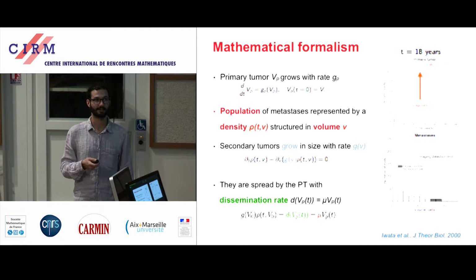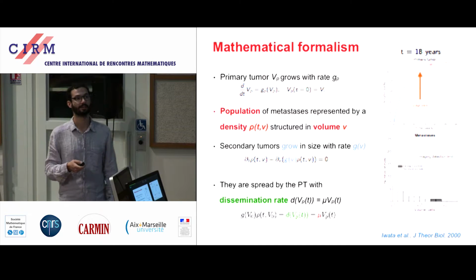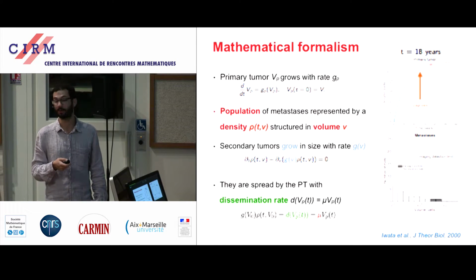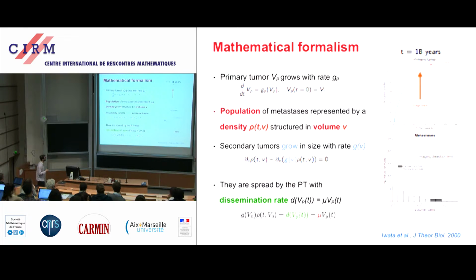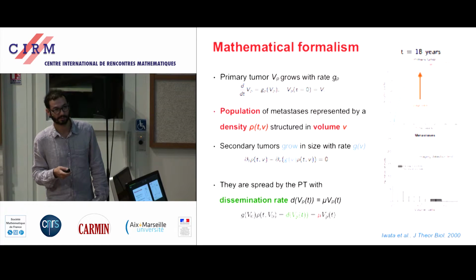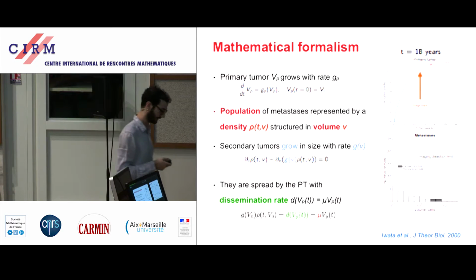When it's discretized, it looks like a histogram where in the x-axis you have the volume of the lesions, the volume of the tumors, and in the y-axis you have the number of the metastases. So for instance, here we have maybe 6, 7 tumors of size between 1 and 10 cells, and then 4 tumors between 10 and 100 cells, and so on.